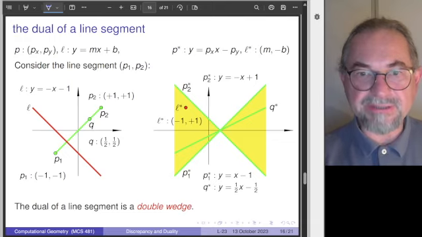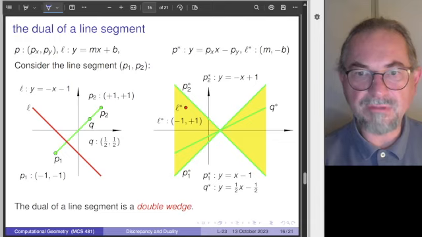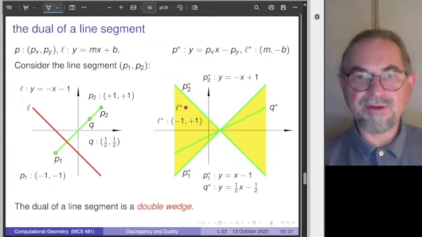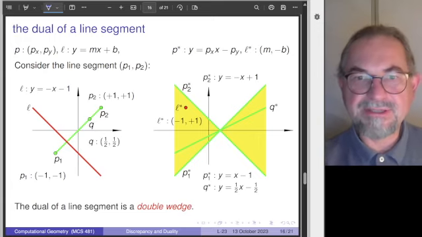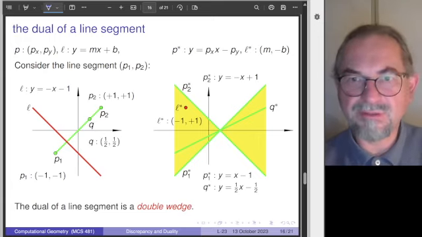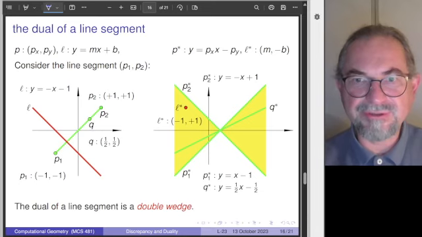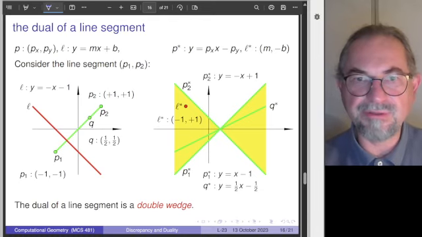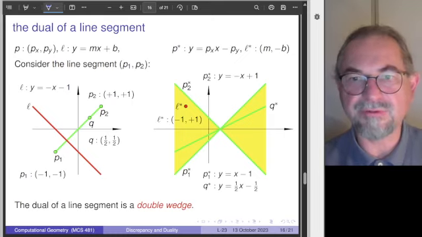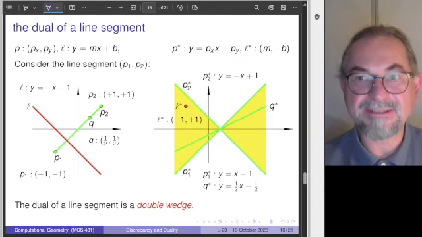So what is at the center here? I'm getting a little bit confused now again. The point 0, 0 has kind of a strange dual. 0, 0 corresponds to the line y equals 0, so it's the entire x-axis.